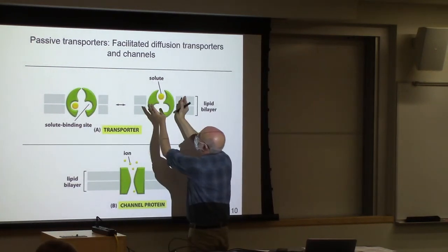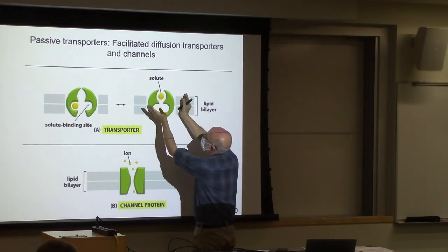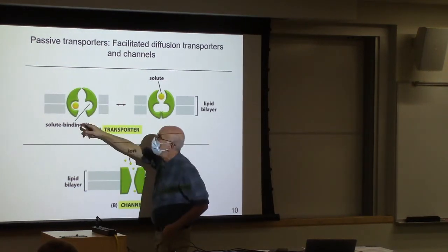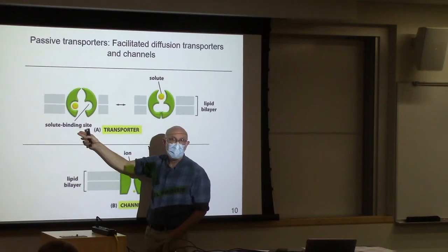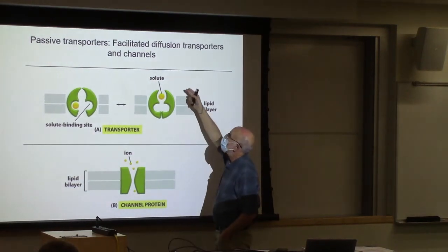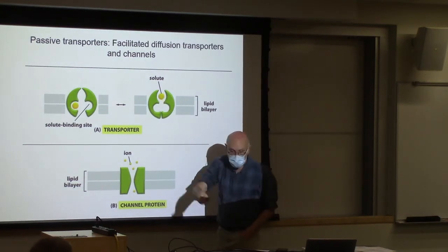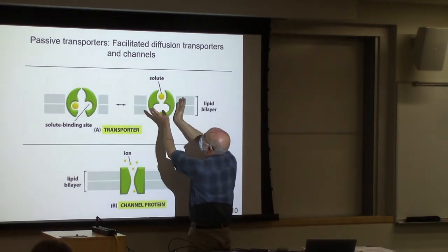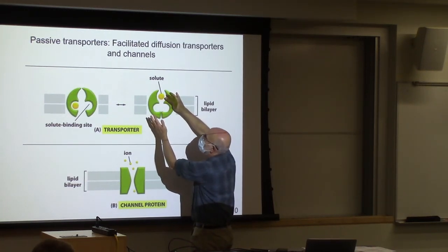Let's just say this is the outside, facing this solution, and after the conformational change the solute binding sites are now facing this solution. So a solute can bind, binds to the outward facing conformation.